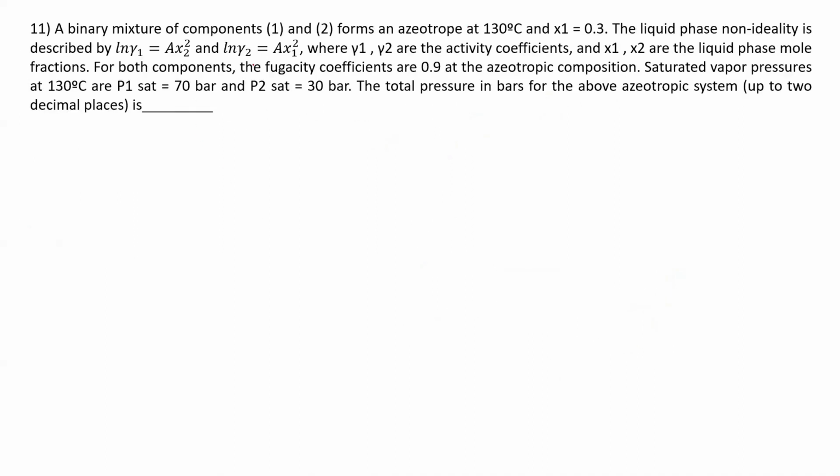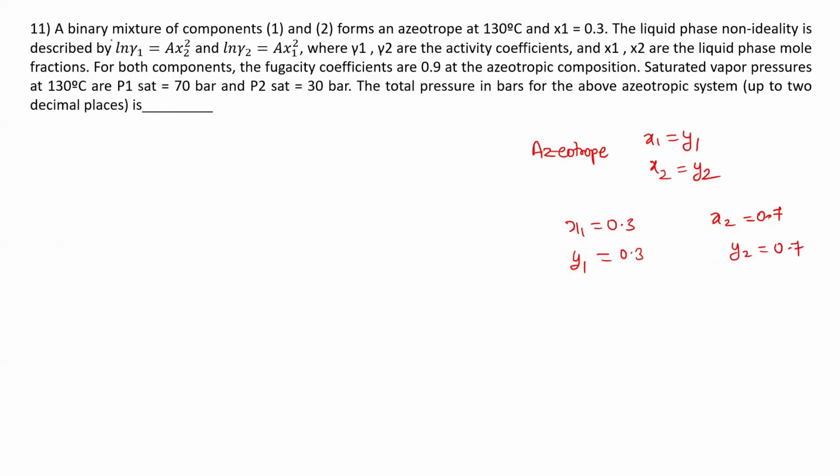Next, a binary mixture of components 1 and 2 forms an azeotrope at 130 degrees, and x1 is equal to 0.3. An azeotrope tells us x1 is equal to y1 and x2 is equal to y2. We know x1 is 0.3, therefore x2 is 0.7, and similarly y1 is 0.3 and y2 is 0.7.